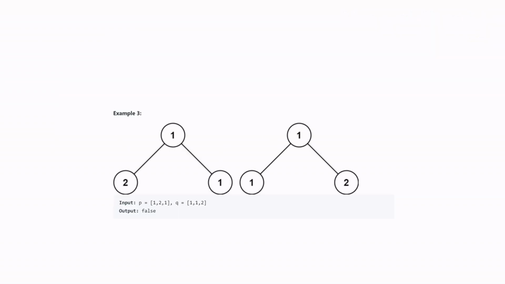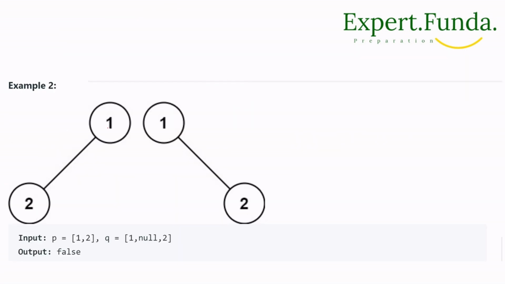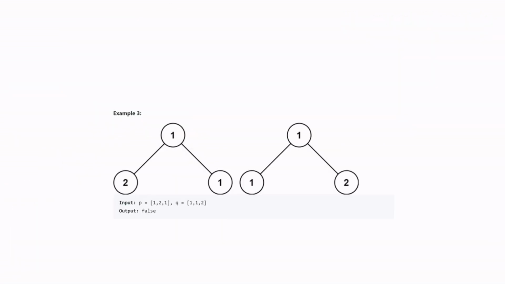As in the first example, the root is the same, its left children are the same, and right children are the same. Similarly, for this other one, the result is false, correct? In example 3, the root is 1 and 1, equal, but this and this are not matching.